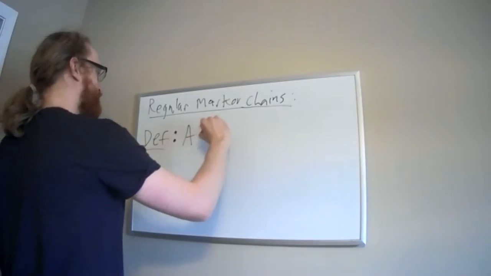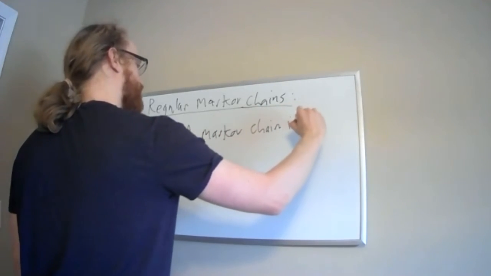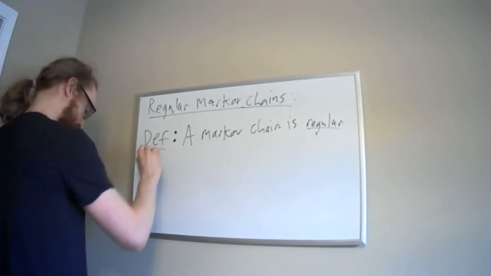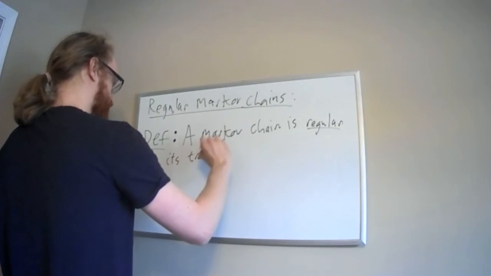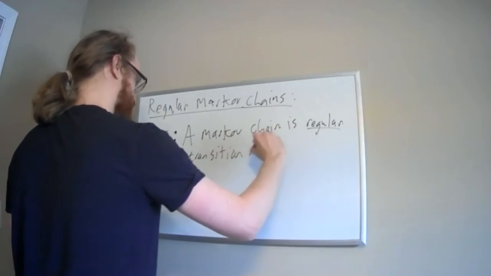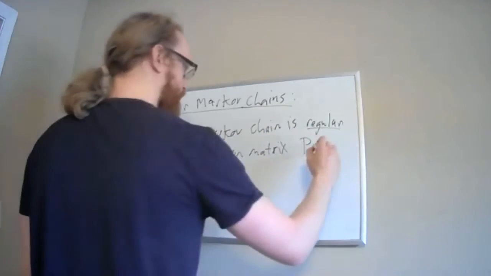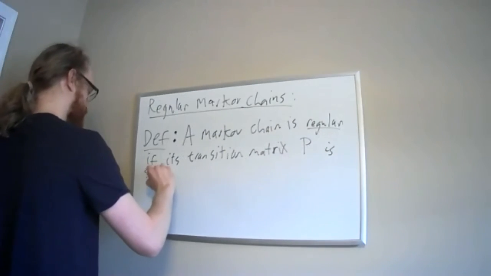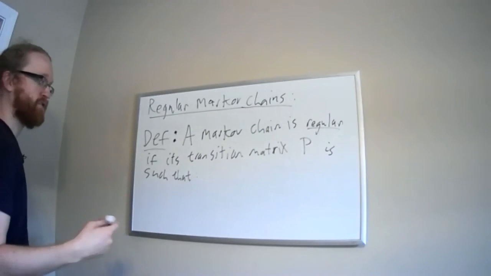A Markov chain is regular if its transition matrix, P, is such that the following condition holds.